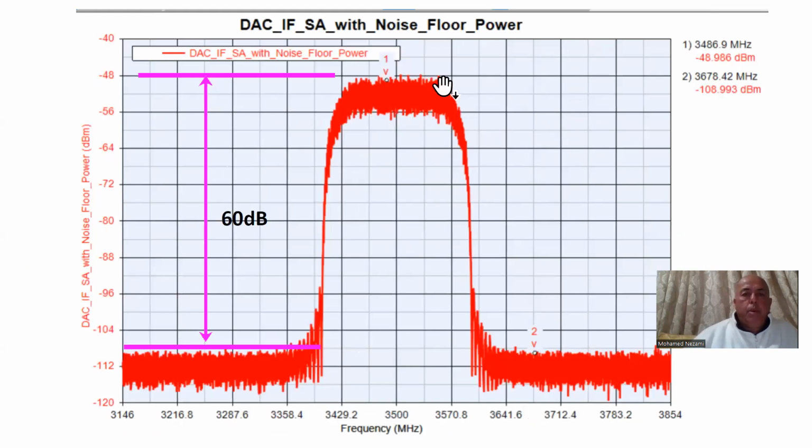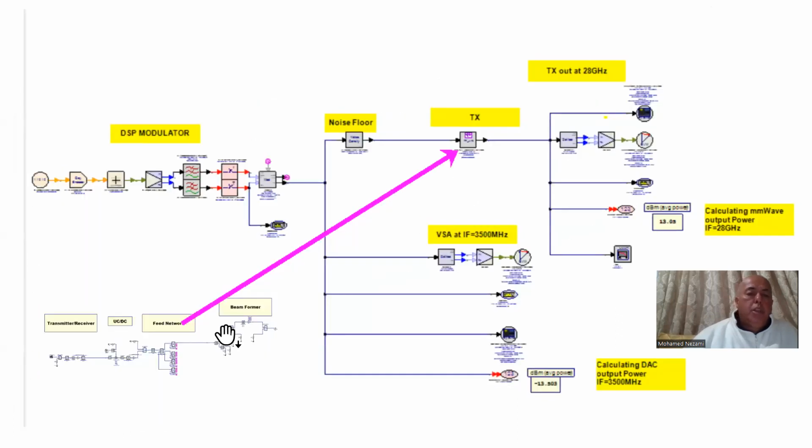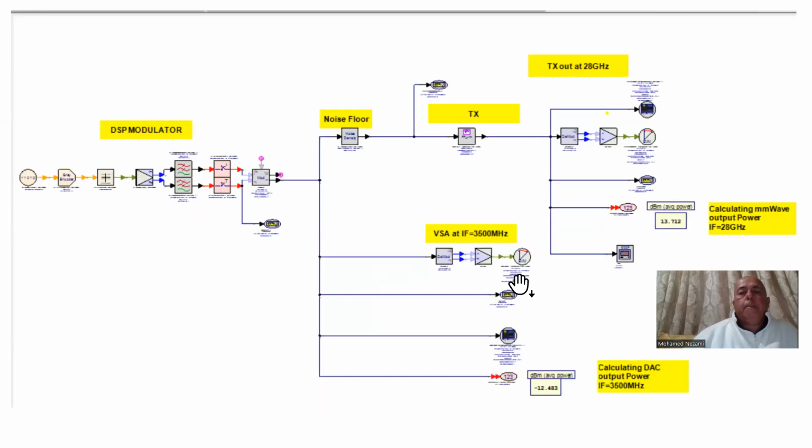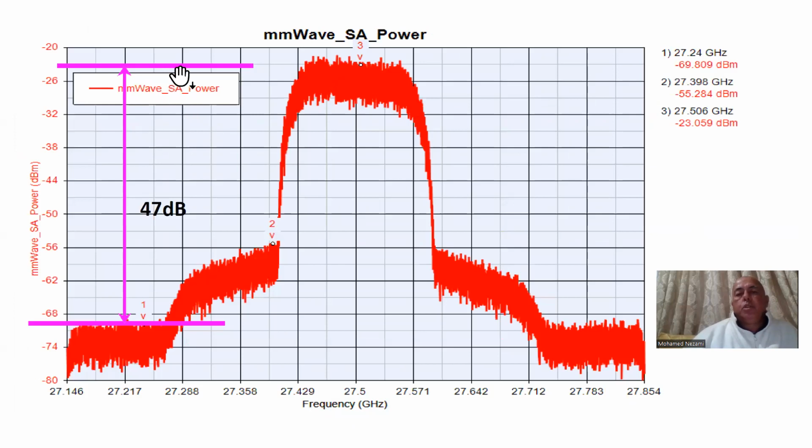That's 60 dB. So this is what goes into the IF output of this entire system, which is basically this here, which is my video number 6 block. So we're going to go into this, and then of course this is the output of the PA at plus 13 dBm, and we can see the noise floor of the system here.